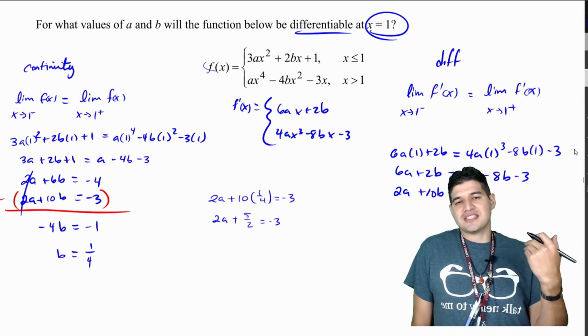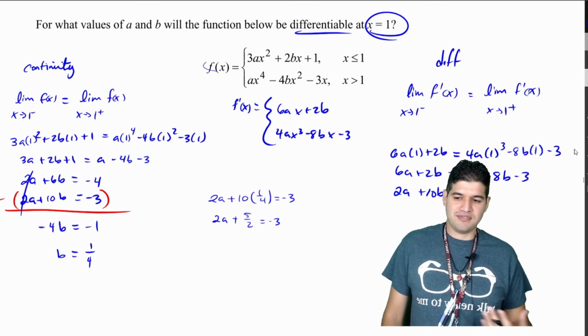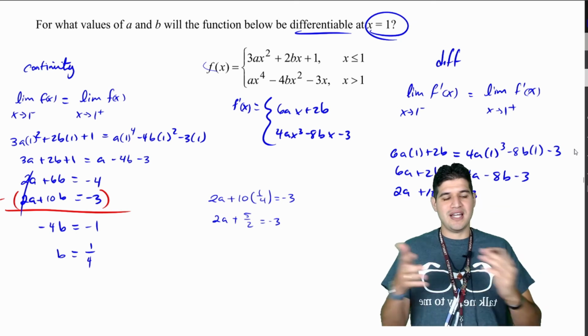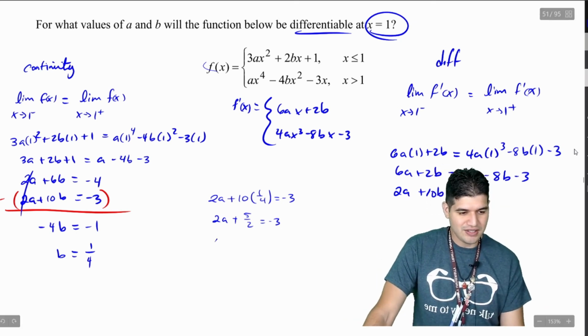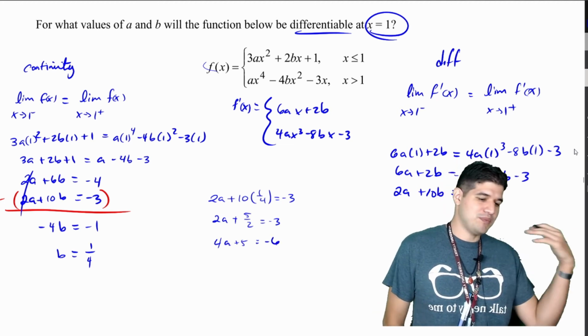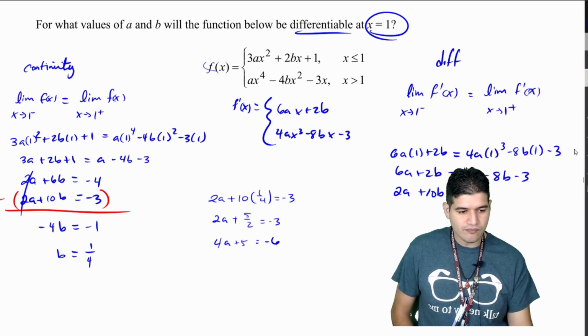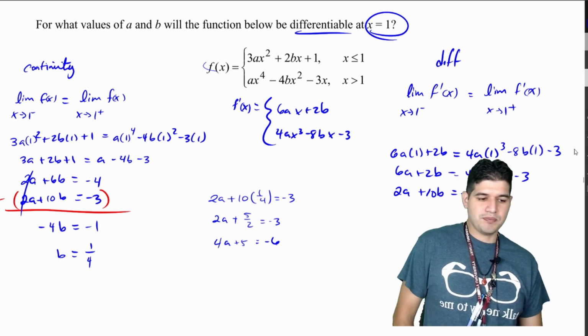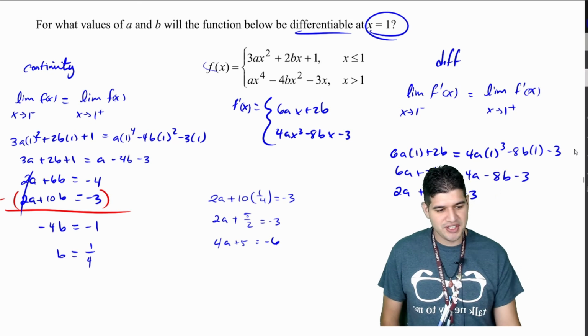If I've got just a constant in my denominator, like divided by 2, I'm just gonna multiply every term times 2. And so I'm gonna get 4a plus 5 equals -6, just like that. So that 2 gets multiplied by the 2a, and by the -3. And it makes it a little bit simpler than just handling fractions the entire time.